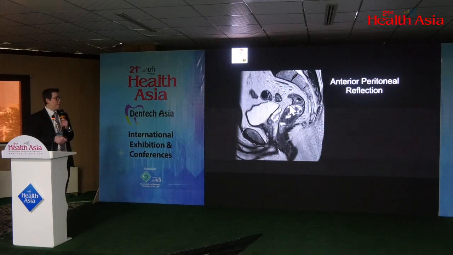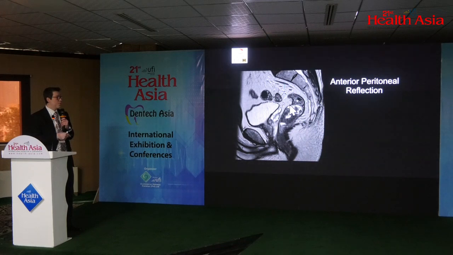Another anatomical landmark is the anterior peritoneal reflection. Now, you would assume that the covering of the mesorectal fascia extends all the way along the upper and mid section of the rectum, but it's not the case. You have the anterior peritoneal reflection, which is a peritoneal lining that extends along the proximal half or proximal third of the rectum.